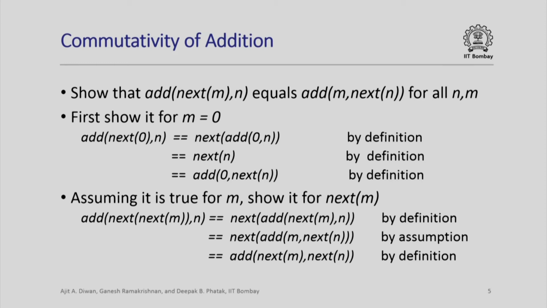And again going by definition, this is the same as add of next of m comma next of n, and therefore this property holds for next of m also, assuming it holds for m. So what we have shown is that add next m n equals add m comma next n.